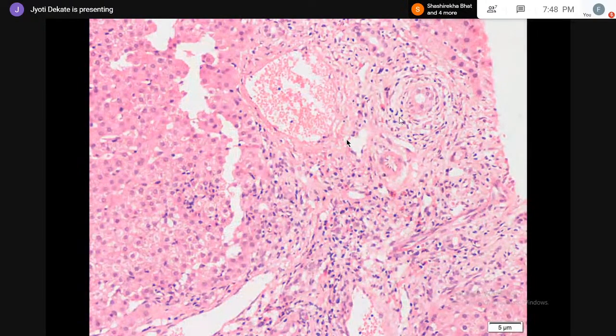Another portal area in the same case, which looks expanded. The portal area is expanded with again these striking eosinophils, some blastoid lymphocytes, some mature appearing lymphocytes, some macrophages, and we see here the bile duct branch accompanied by the hepatic artery branch.